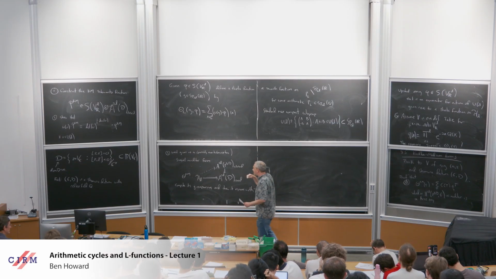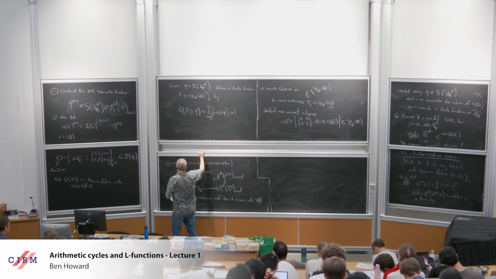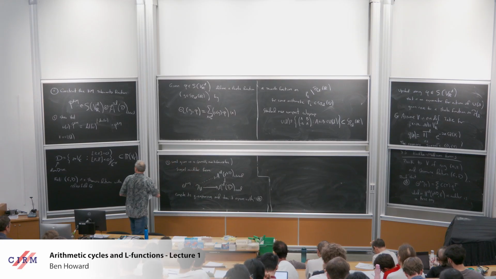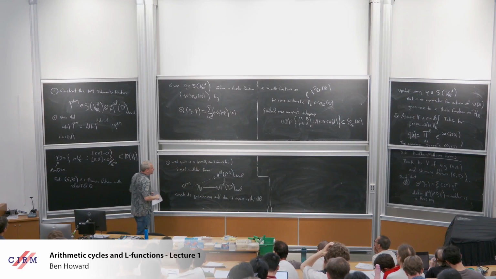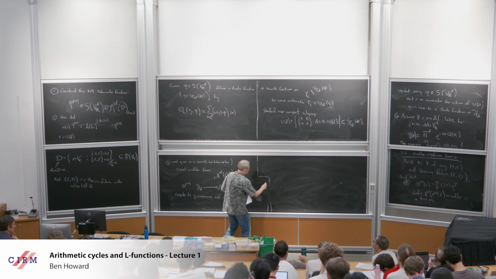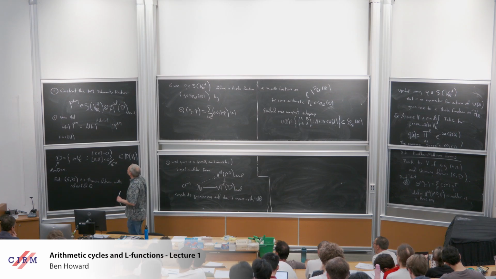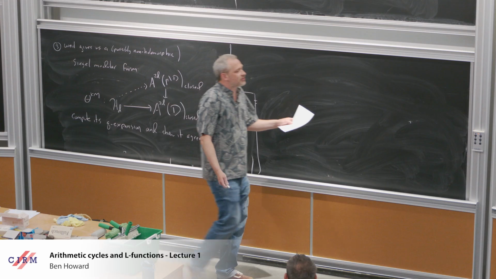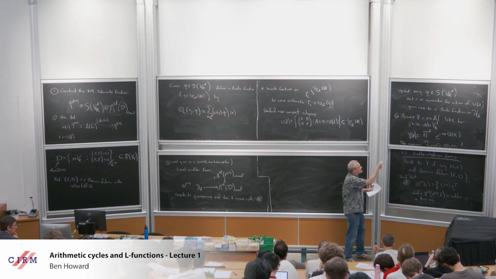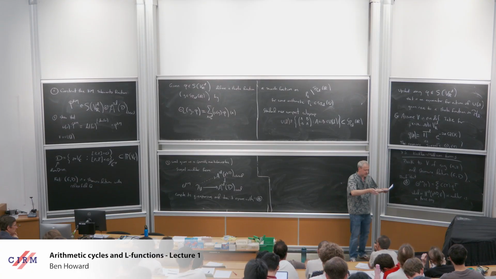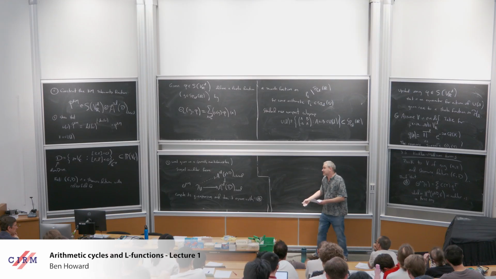But then Luis Garcia found another interpretation of the Kudla-Millson forms. He showed that it was actually a special case of constructions of Quillen that somehow produce, it's a general method of producing interesting differential forms that represent certain cycle classes.